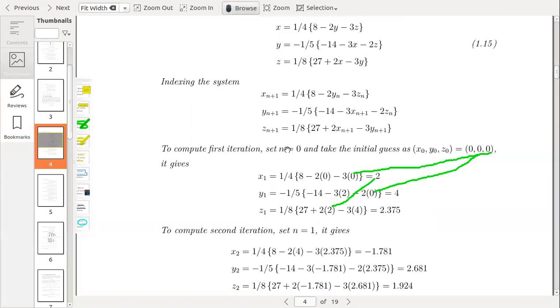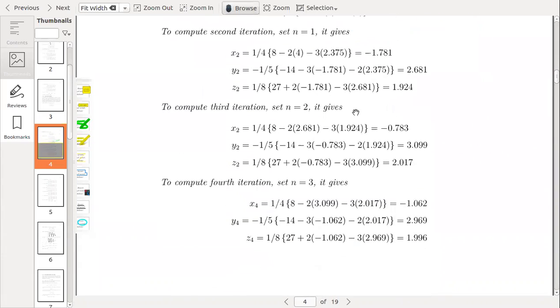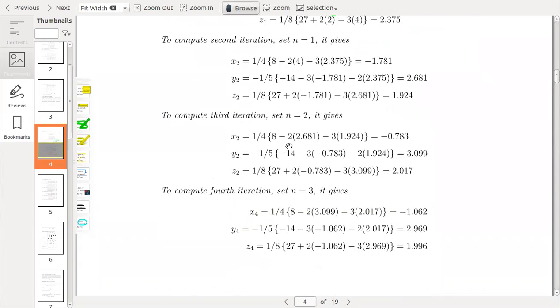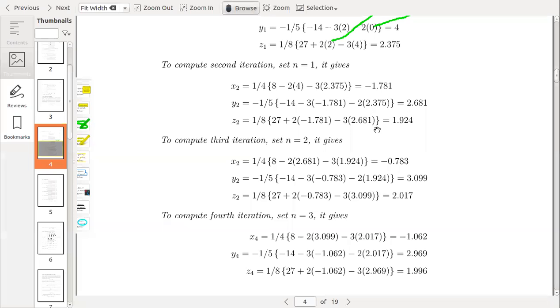Okay, just go back. So this is the first equation. For the third, x3 is equal to 8 minus 2y2 minus 3z2. So here is 2y2, and y2 is this value. Here is y2, this one, and we replace it with this value.